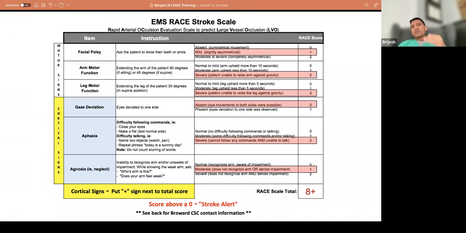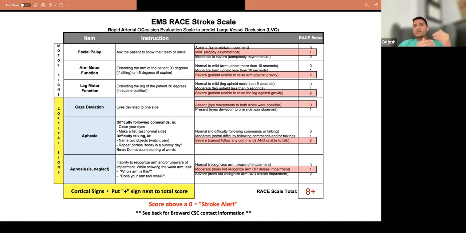I would tell you do both every time. Test for aphasia, test for agnosia. Don't pick based on the side of the weakness, because folks that have weakness on the left side can still be aphasic. Folks that have weakness on the right side can still have neglect.